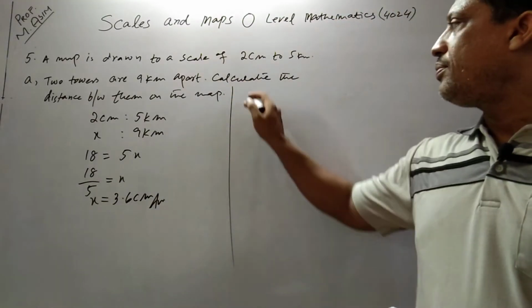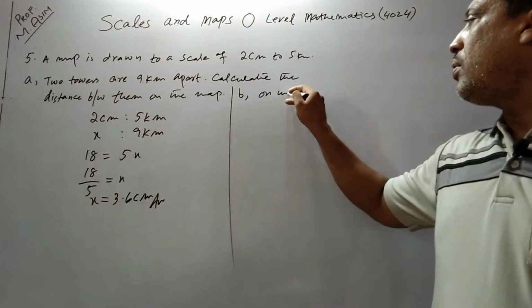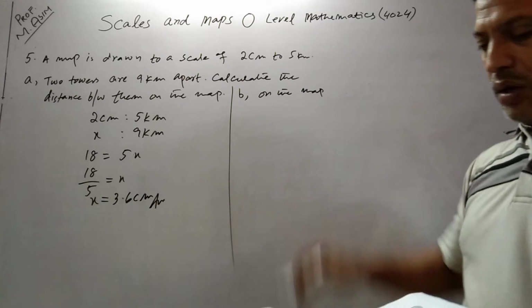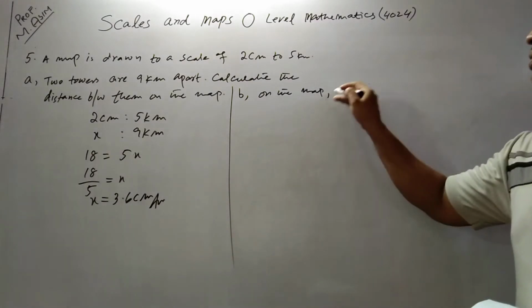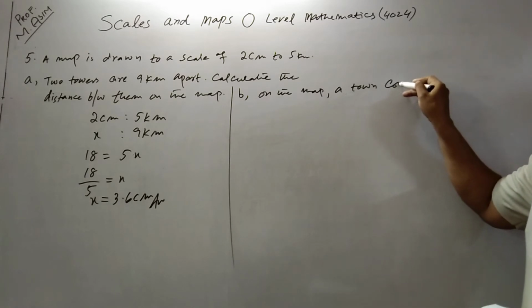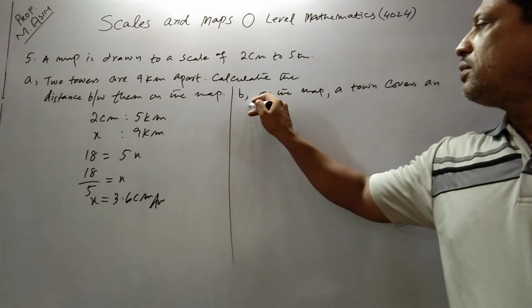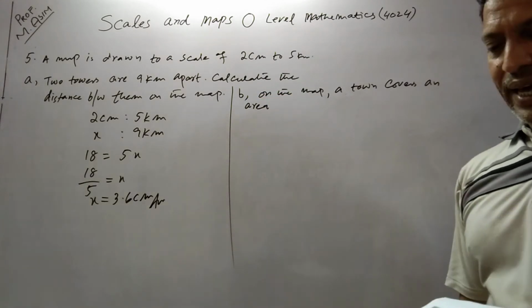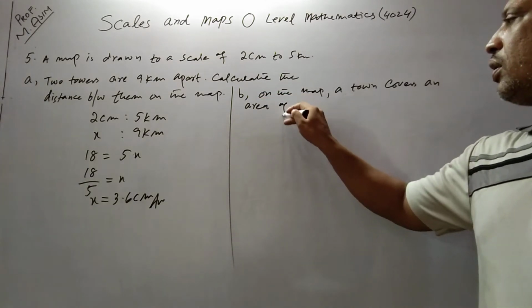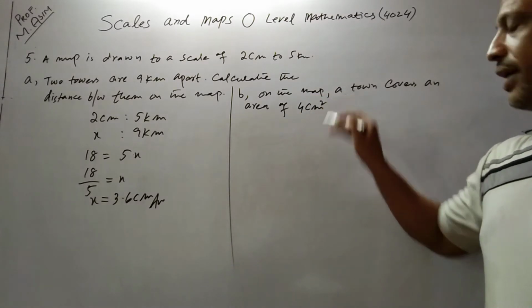Part B. On the map, a town covers an area of 4 centimeter square.